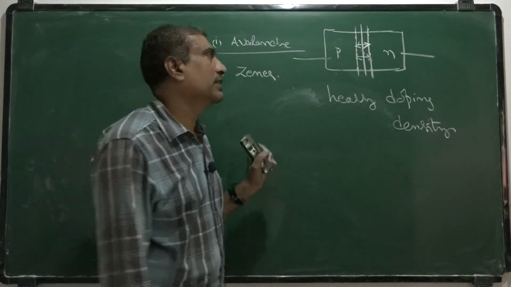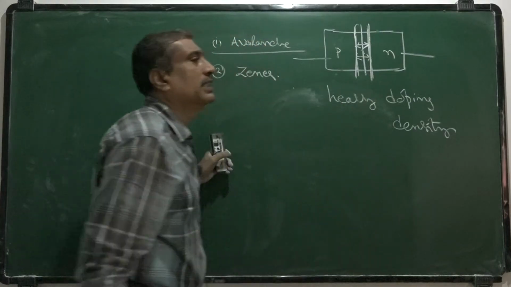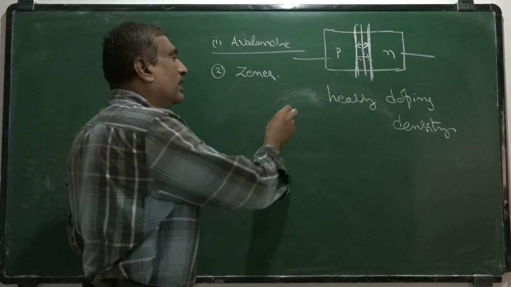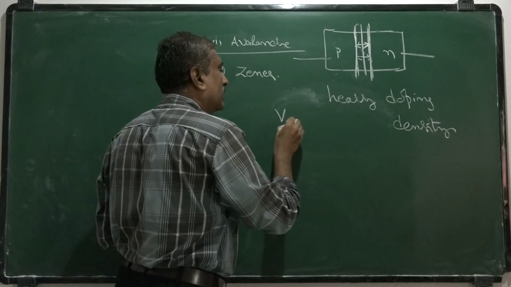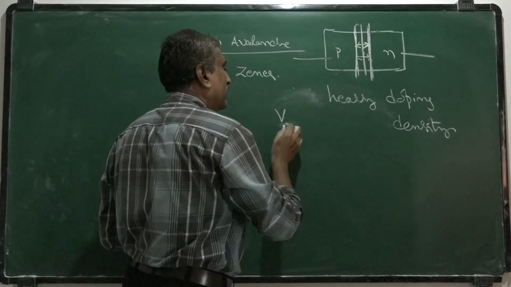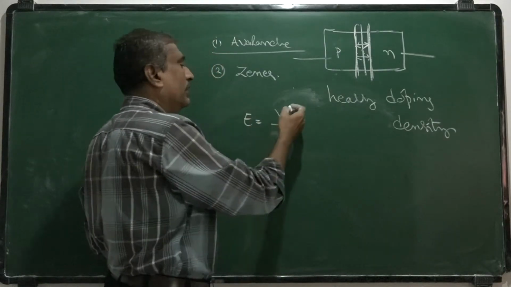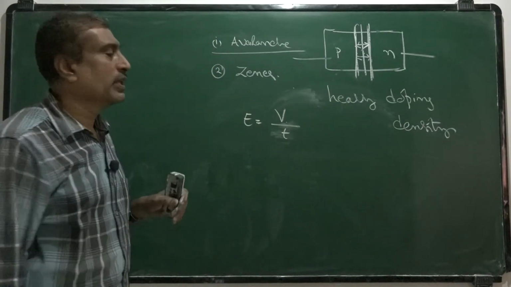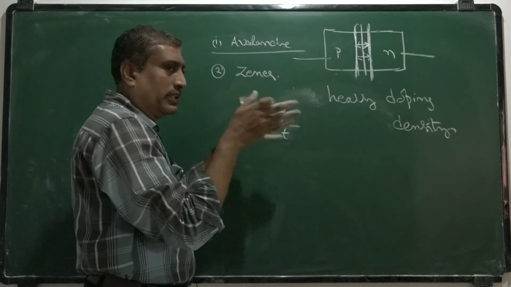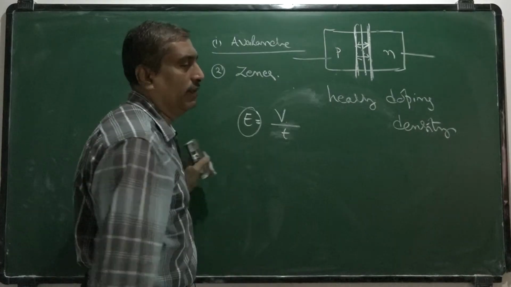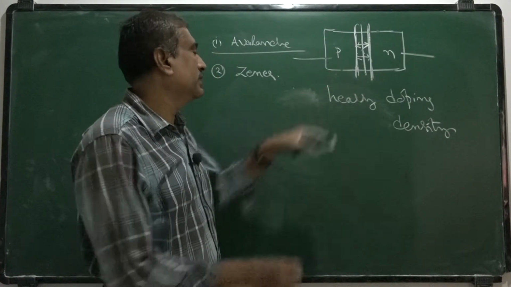Due to this small thickness, there is a strong electric field across this junction, because the barrier potential divided by the thickness gives the electric field. The electric field is the gradient of potential, so potential divided by the distance across which it acts gives the field.